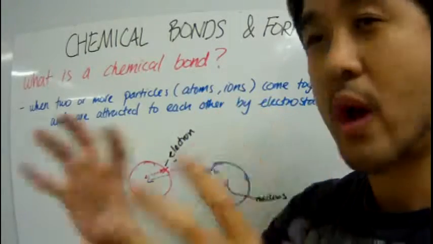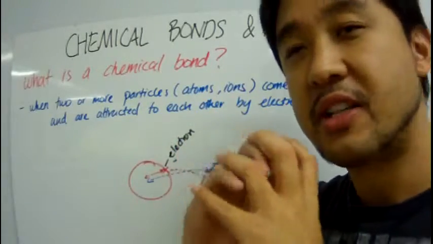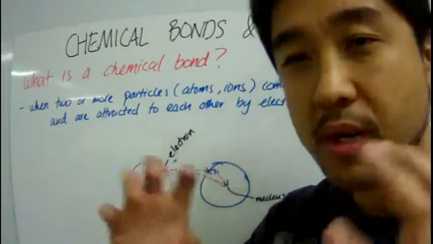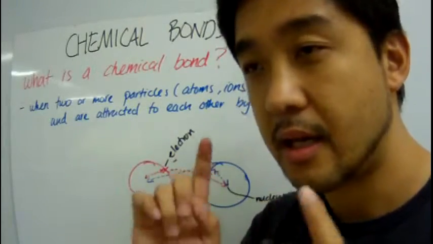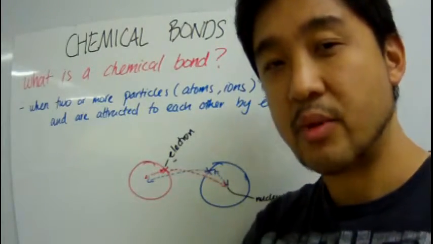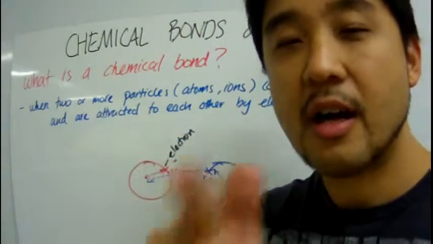And how do we know if those electrostatic forces are strong or weak? Well, we can determine that, and those are the things that we'll talk about later. All right.